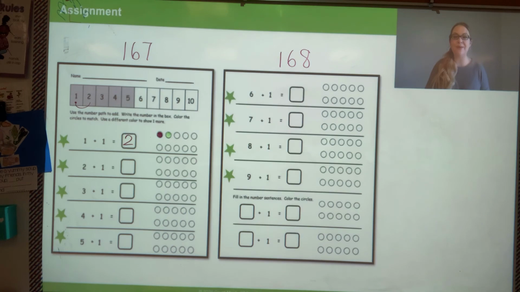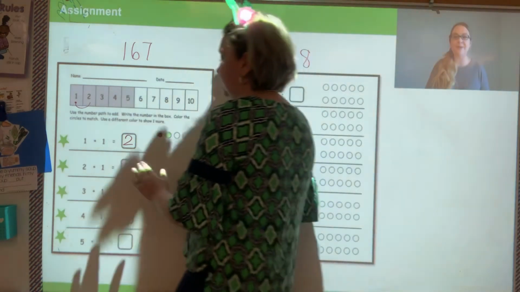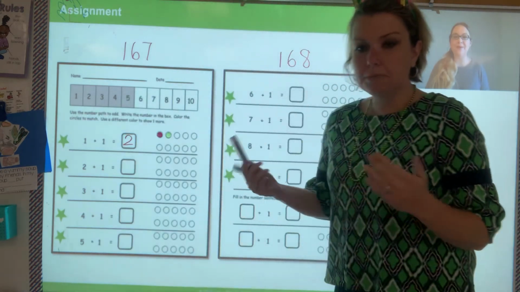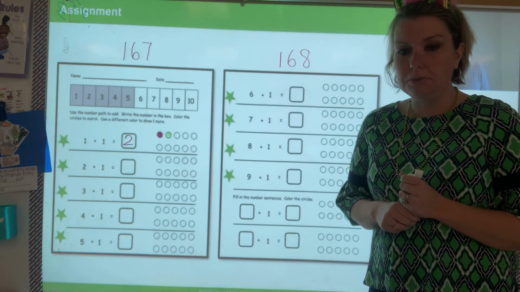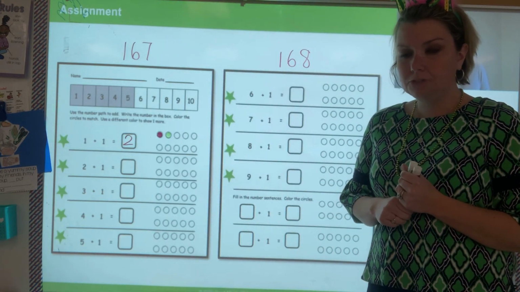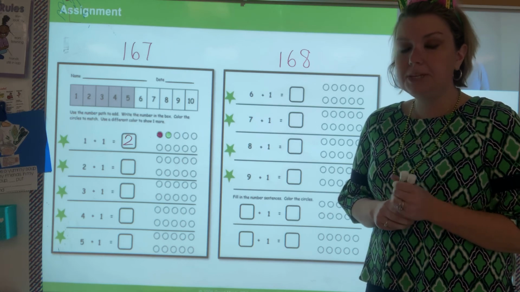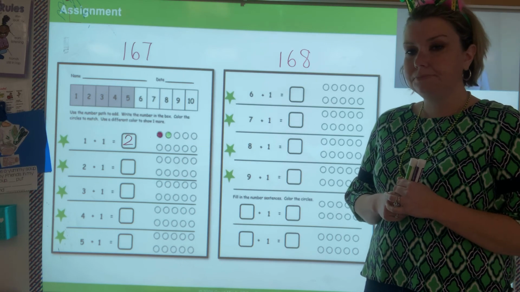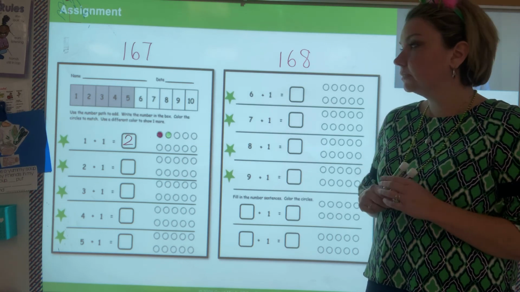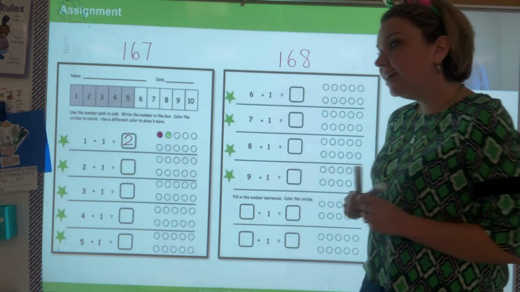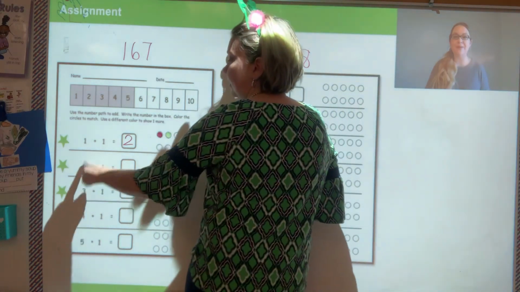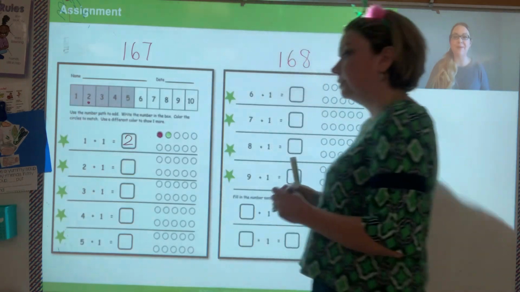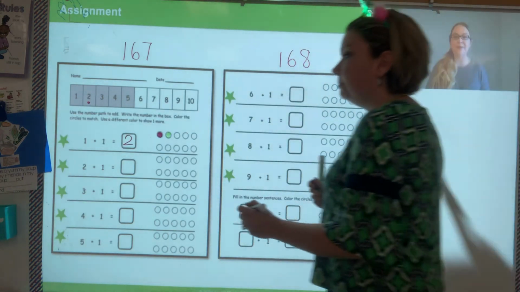Let's look at the next one. Our next number sentence says 2 plus 1. Where am I going to put my pointer finger on the number line for 2 plus 1? Smriti, where do I put my pointer finger for 2 plus 1? No, I'm going to put it on 2. 2 plus 1.